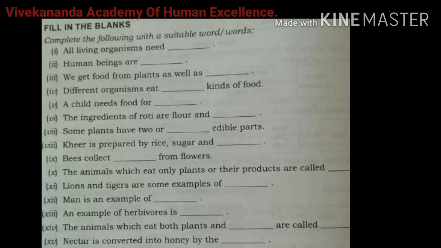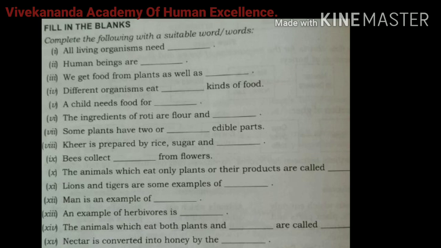We get food from plants as well as animals. Different organisms eat different kinds of food, as omnivores require both plants and animals, but herbivores require only plants. A child needs food for growth, which depends on the kind of food you are taking.